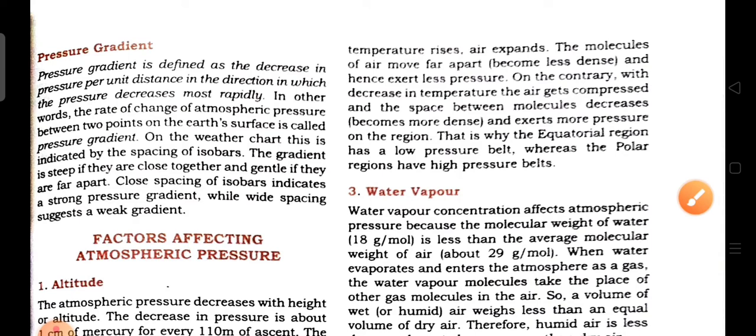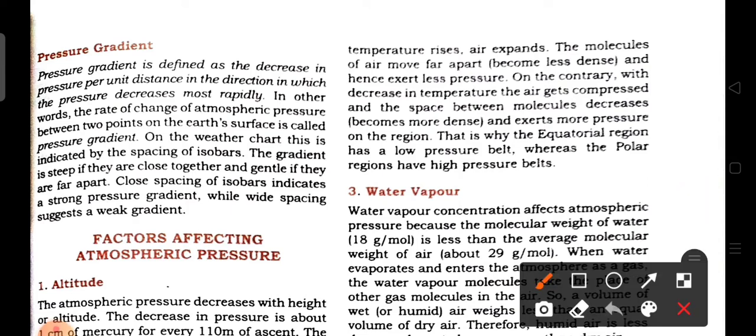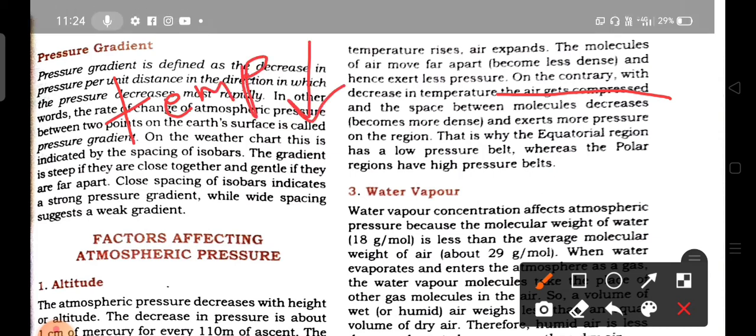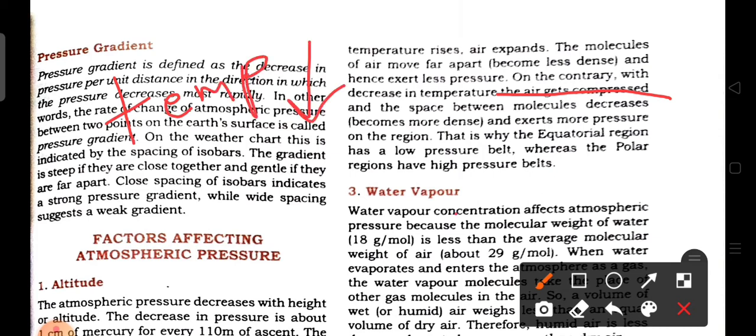less pressure. On the contrary, with a decrease in temperature, the air gets compressed.